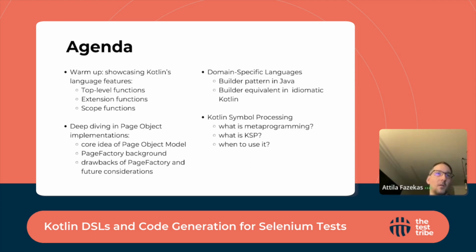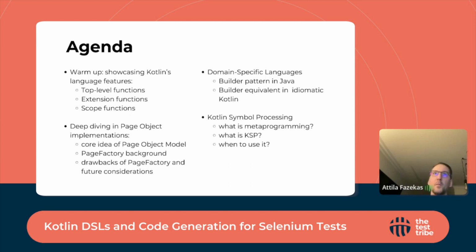After we get to know some basic features of the language, we will deep dive into the page object design pattern, the concept and core idea of it, some background of the page factory utility class in the Selenium package, and some drawbacks and future considerations.